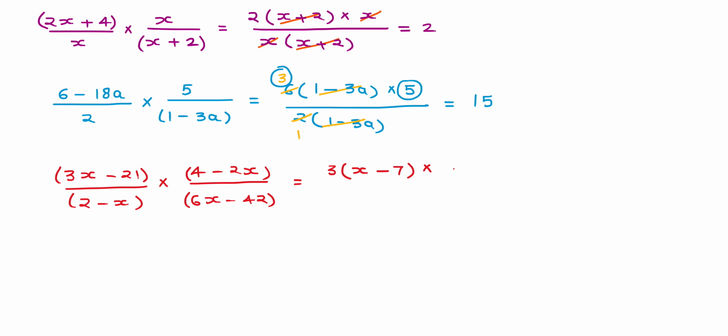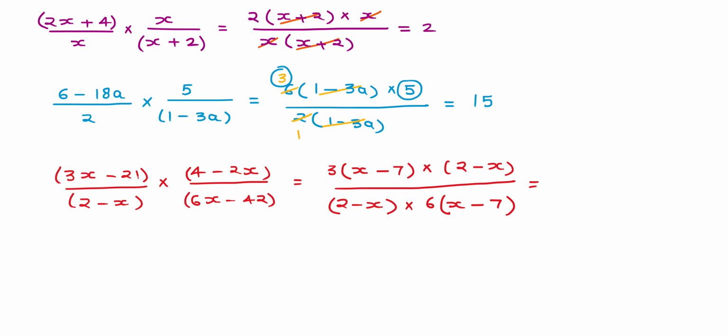So 2 times 2 is 4, minus 2 times 1 is 2. So 2 times (2 minus x), divided by this, which will stay as it is, 2 minus x. And this will again be factorized because 6 and 42 both come in the times table of 6. So 6 is out. 6 times 1x means x, minus 7, because 7 times 6 is 42.